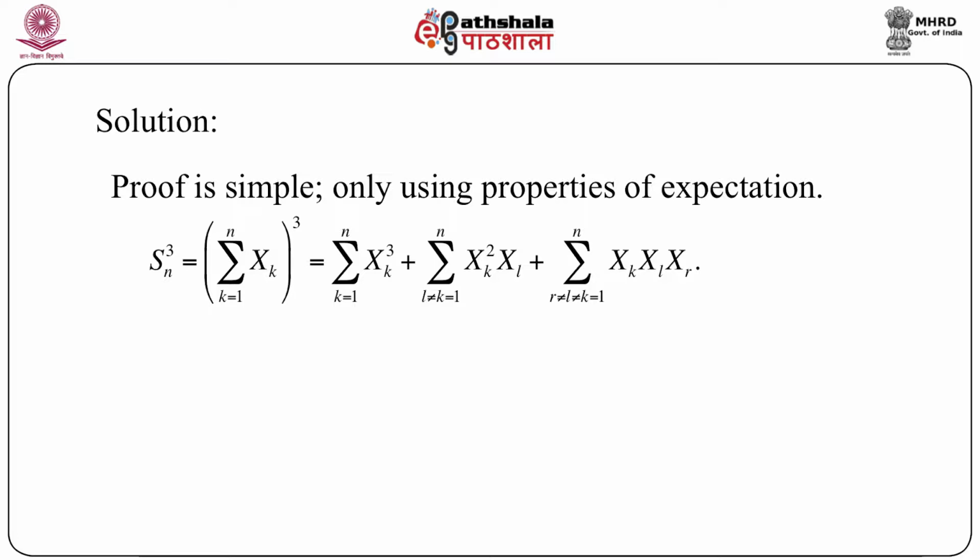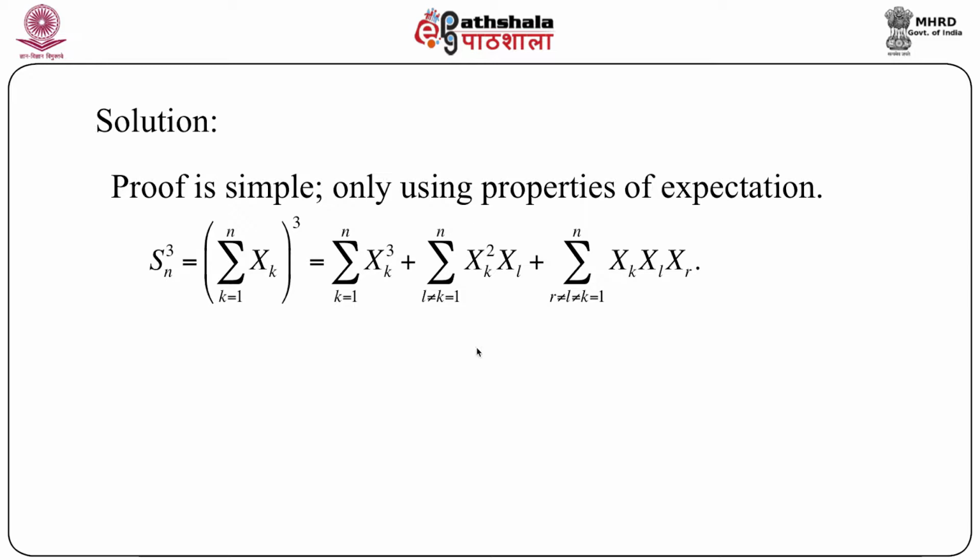Now Sn cube is the summation of xk, k equals 1 to n, whole cube. If we expand this, we will have the summation k equals 1 to n of xk cube, plus the summation over l not equal to k, from 1 to n, of xk square into xl, plus the summation over r not equal to l not equal to k of xk into xl into xr.